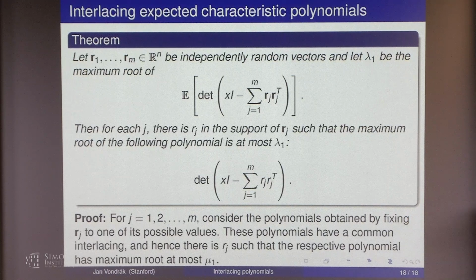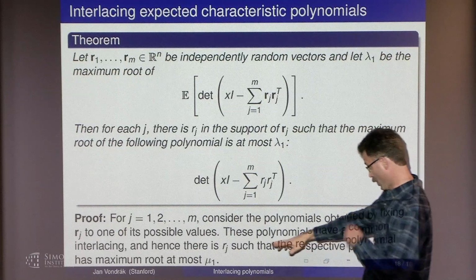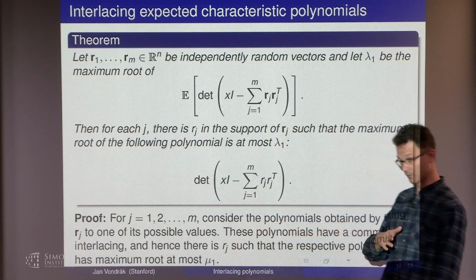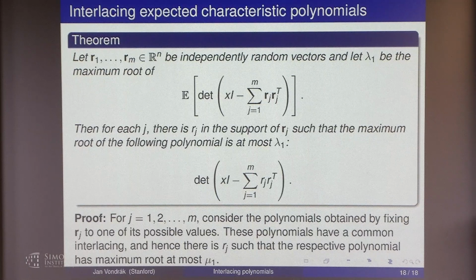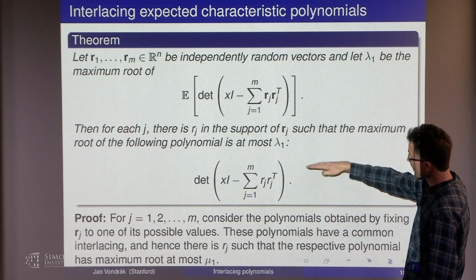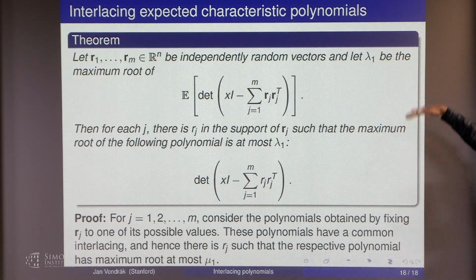But if you have two choices for each vector, then the two relevant polynomials have a common interlacing, and therefore, for one of them, the maximum root must be upper bounded by the upper bound for the convex combination. So the upper bound propagates through the procedure, and you can one by one fix these choices until you have deterministic choices for all m vectors, and the maximum root of this characteristic polynomial is still upper bounded by the same thing. So this is a very general procedure which is also useful for the Cadison-Singer problem.